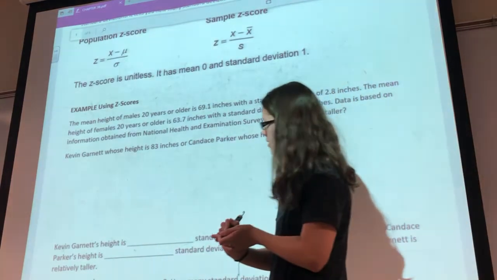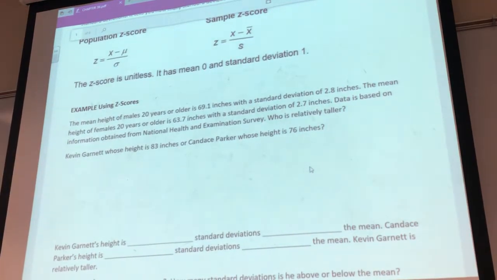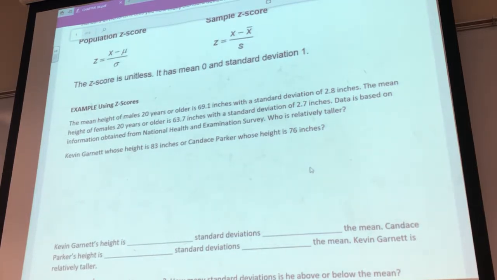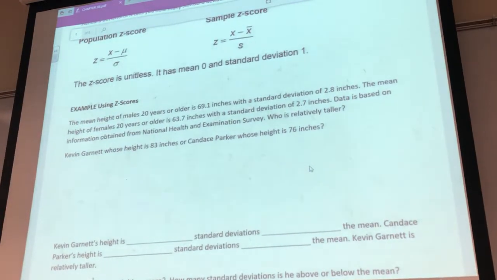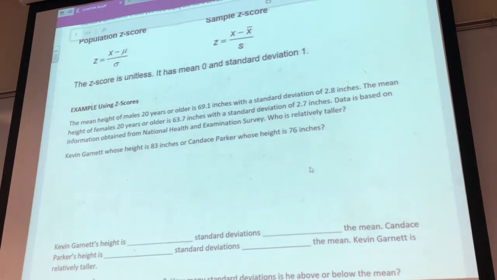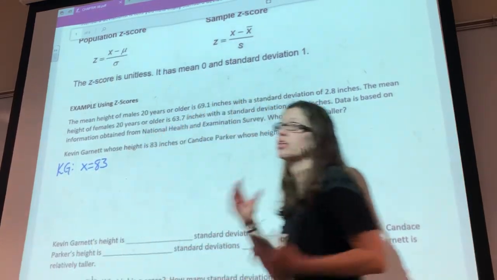I'm going to write it over here. Actually my marker isn't working that well. Maybe I will just use my computer, sorry. Right over here. So we do Kevin Garnett first. His value is 83 inches, that's his X. This X is going to be your individual score.